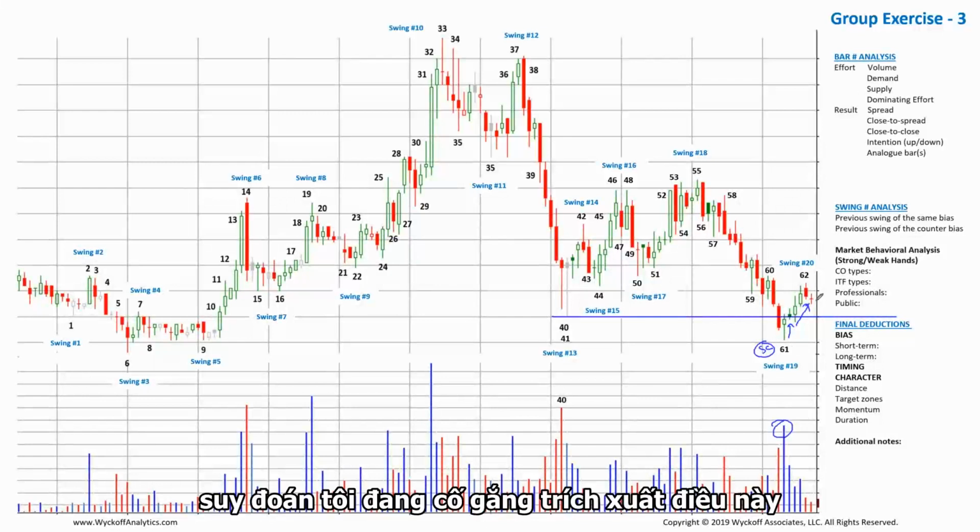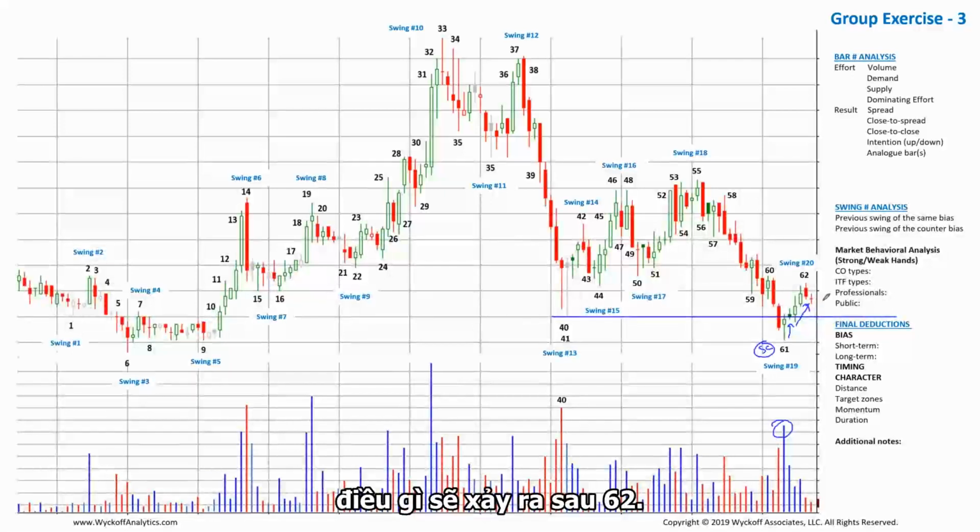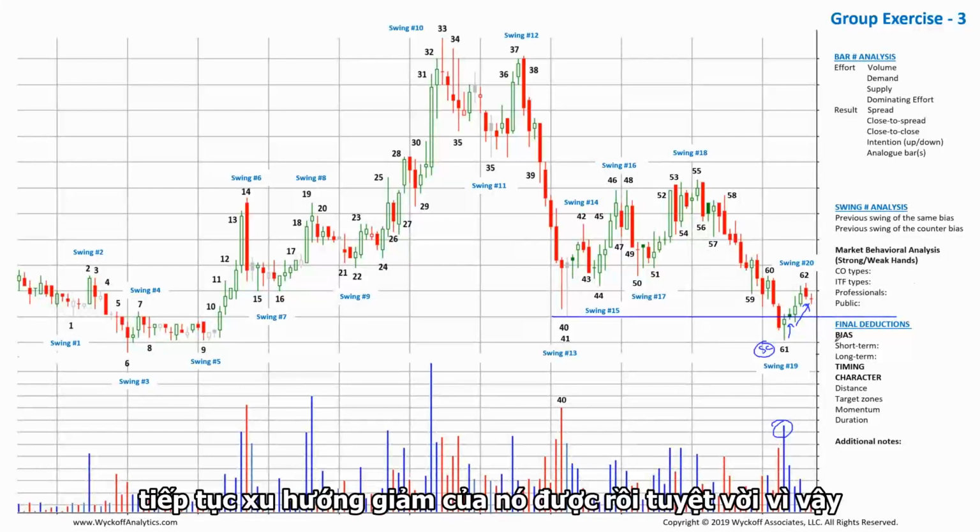Speculate. I'm trying to extract this information from you. Speculate as to what's going to happen after 62. I'm speculating that it is going to resume its downward trend.